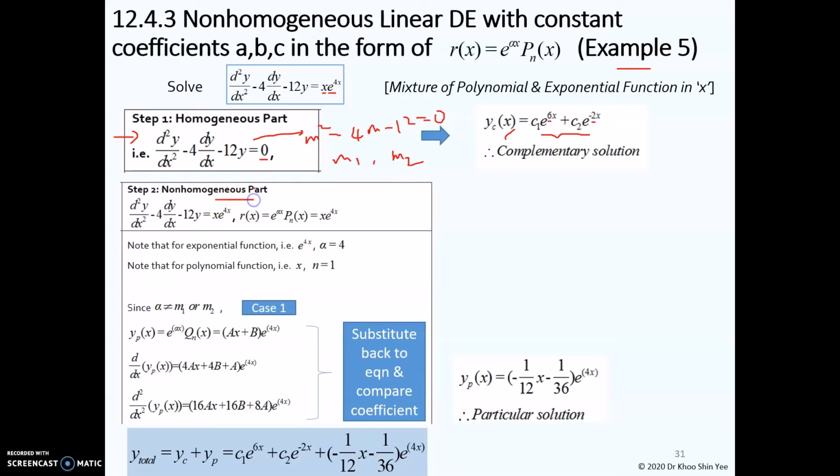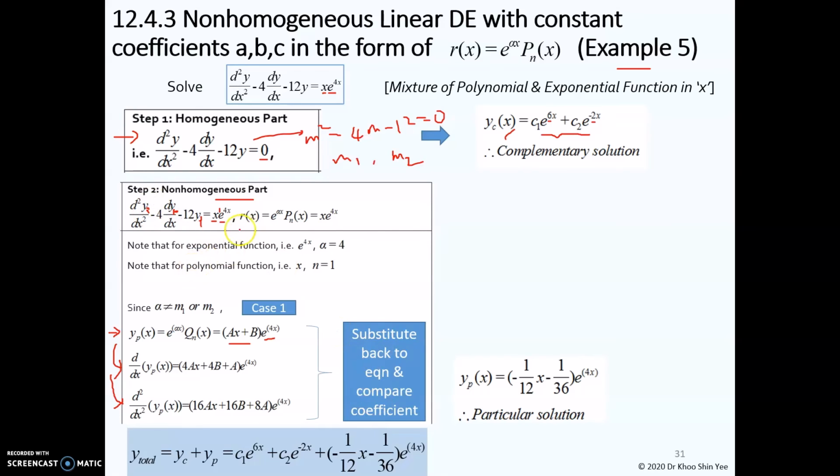We continue with the non-homogeneous part. So you have degree 1 for the polynomial function. The general formula for the polynomial function is ax plus b, and then we keep the exponential in x. So this is your possible particular solution. Then you can continue to differentiate yp to obtain yp prime and yp double prime. Substitute yp, yp prime, and yp double prime inside the equation here.